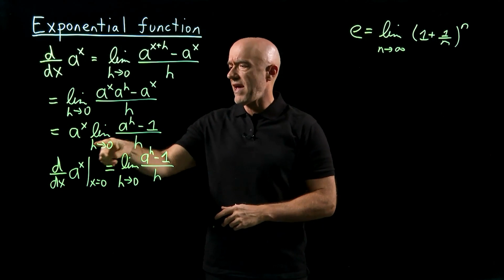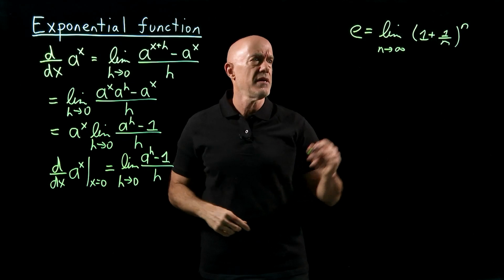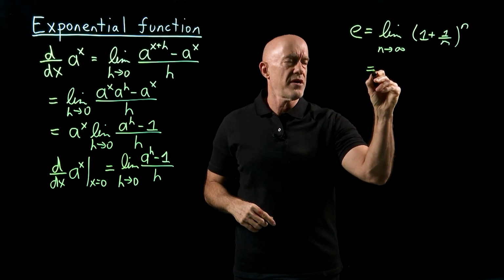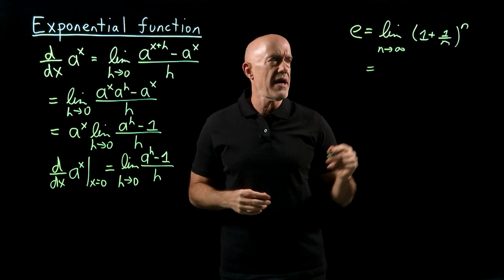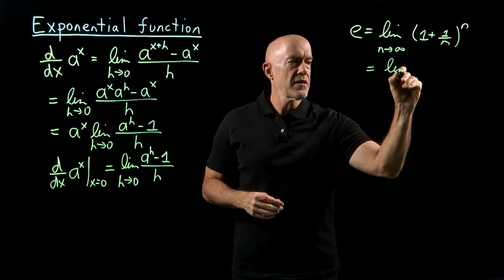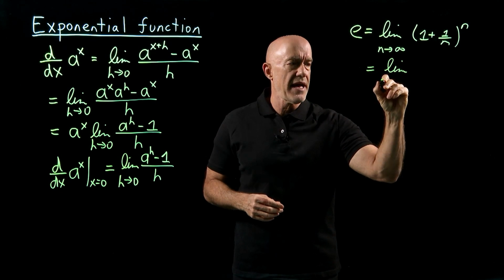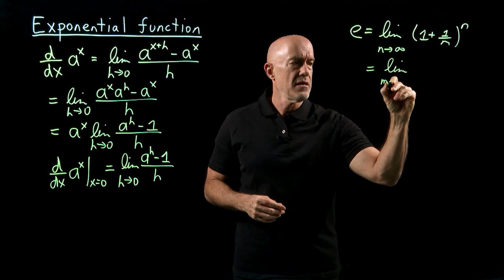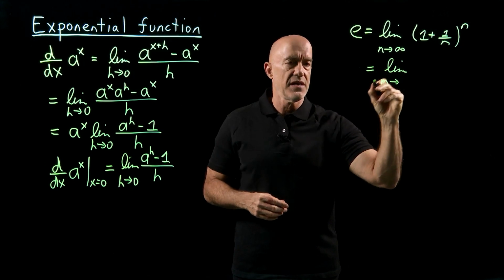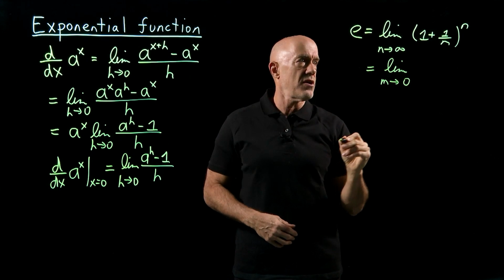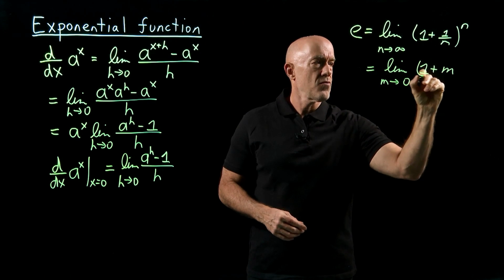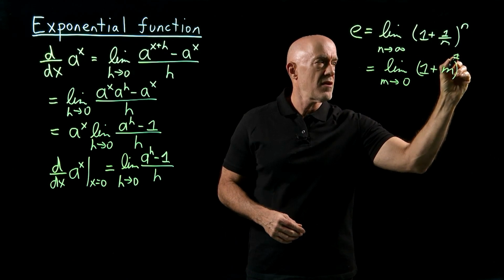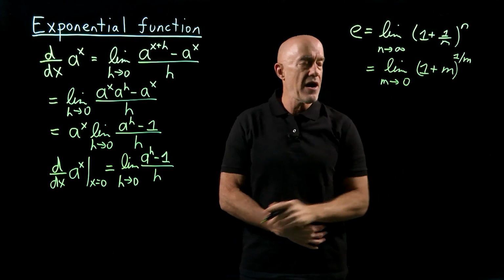But here we have h goes to 0 in this limit, so it's a little bit easier. Instead of working with n, we'll work with 1 divided by n, and we can call that m. So then if n goes to infinity, 1 over n goes to 0, and then this would be 1 plus m raised to the 1 over m power.